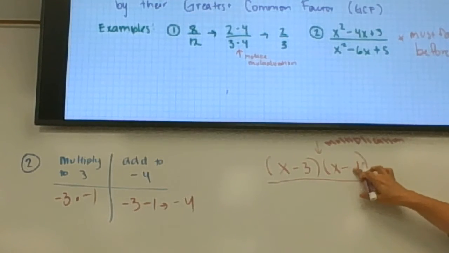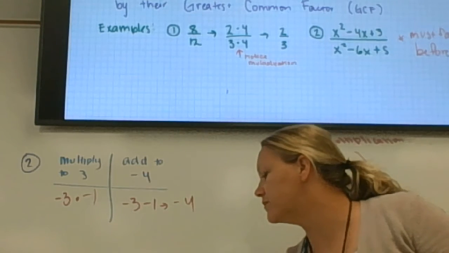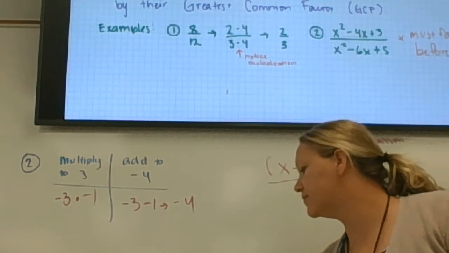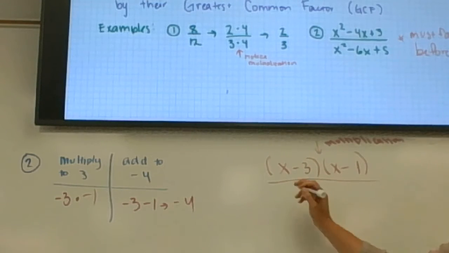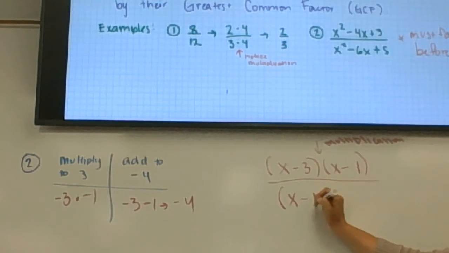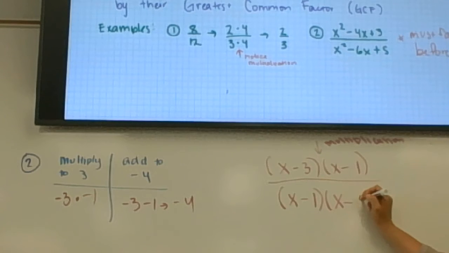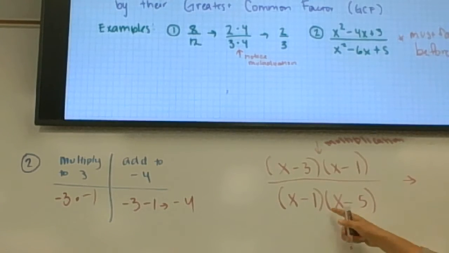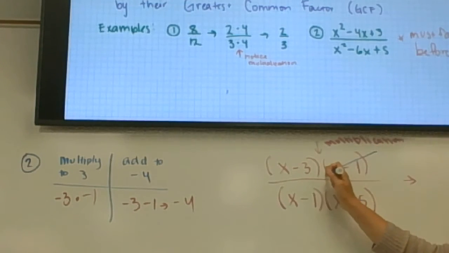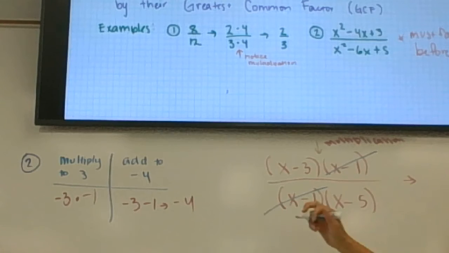Oh, I messed that up. Thanks, Jackson. All right, what multiplies to 5 and adds to negative 6? Negative 1 times negative 5. All right, so now that we have these factors we can reduce. I can cross out x minus 1 and x minus 1.